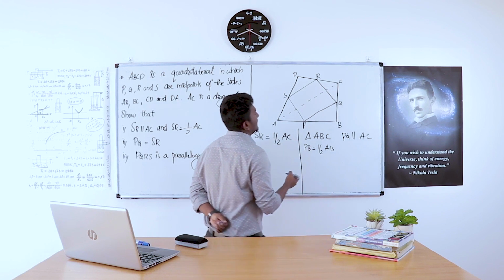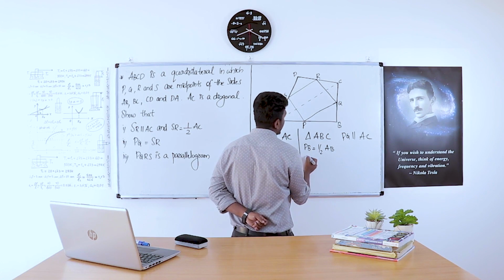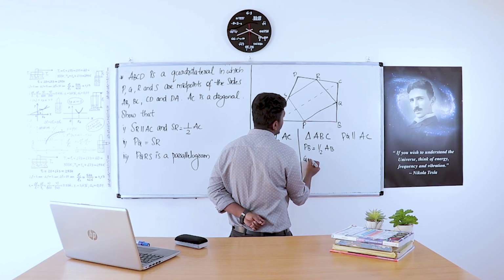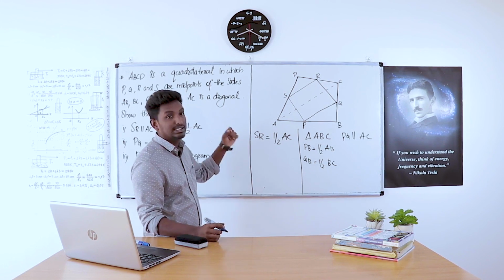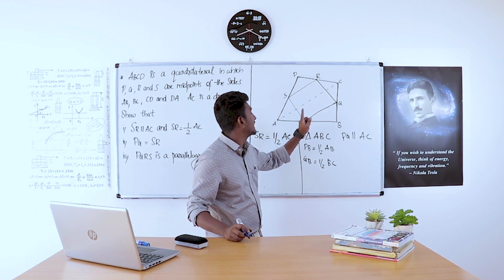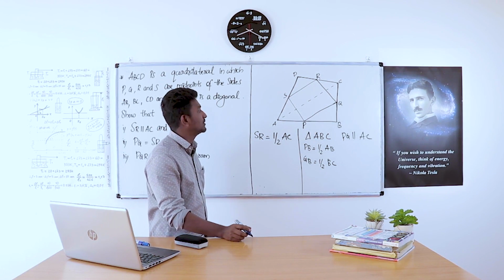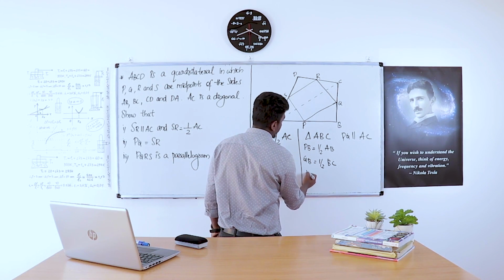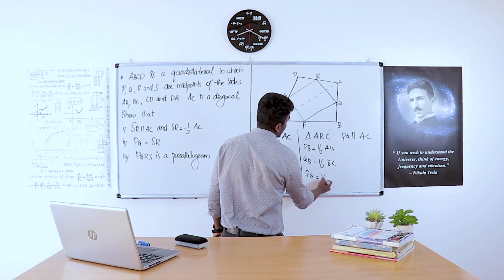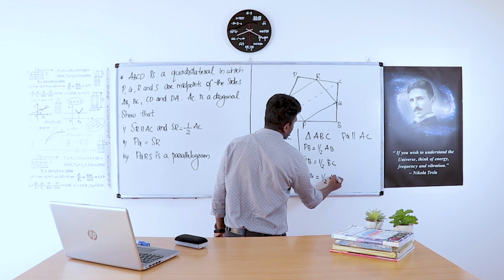Then Q is the midpoint of BC, therefore QB is equal to 1 by 2 BC. Then from this same condition, triangle ABC and triangle PBQ are similar triangles. So for this, PQ should be equal to 1 by 2 AC.